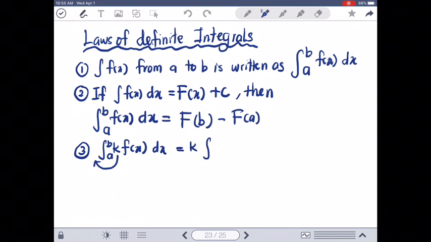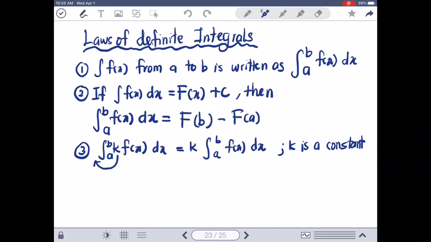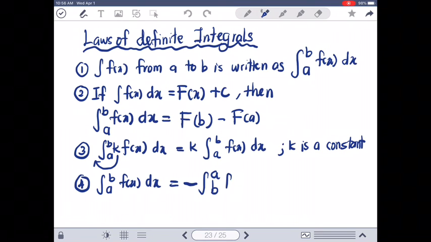So this is just equal to k times the integration from a to b of f of x with respect to x, such that k is a constant. Property number 4. Integration from a to b of a function f of x with respect to x is just equal to negative integration from b to a of the same function f of x with respect to x.